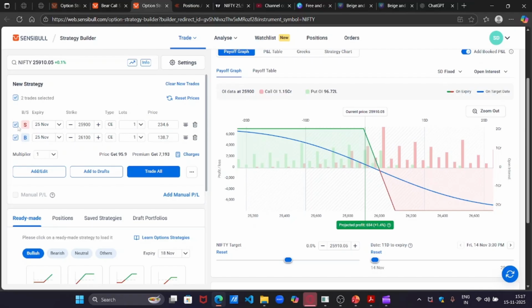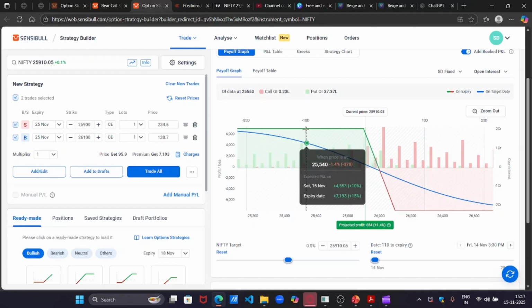Around 96 rupees you will get from here, and in one lot of Nifty we have 75, so you can multiply 100 into 75, almost like 7,500. So that's what we are seeing here, right? On expiry date you get 7,193 rupees. I have not done the exact calculation, but it will be approximately like this only. It is not 100, it is 94, so it will come a little less than 7,500.